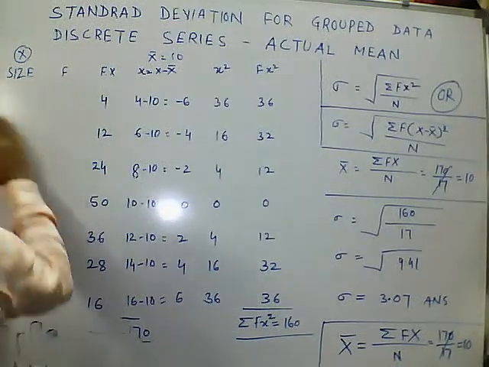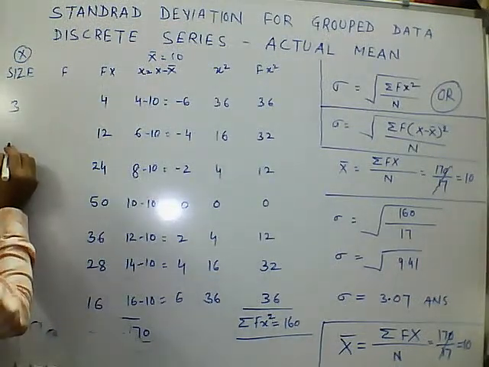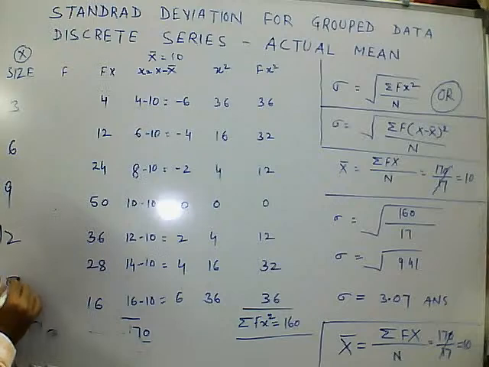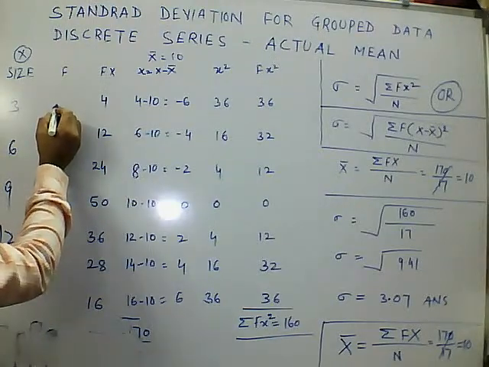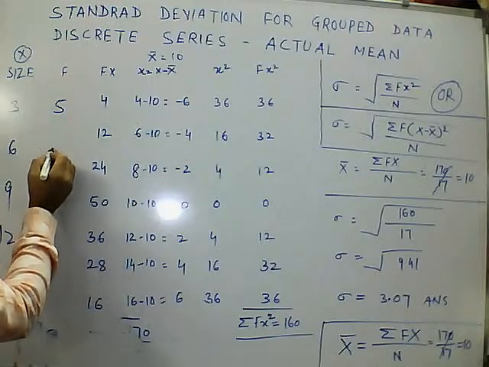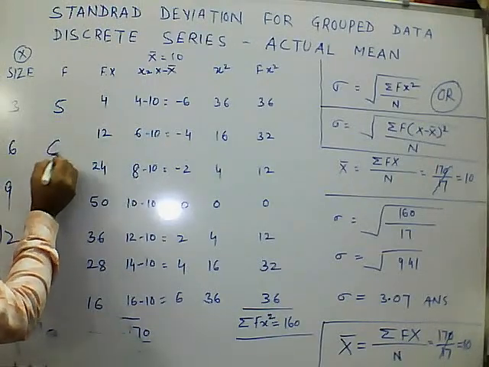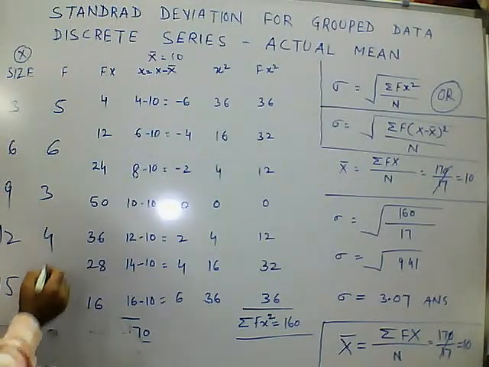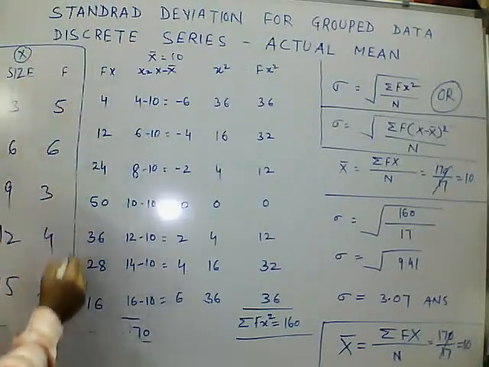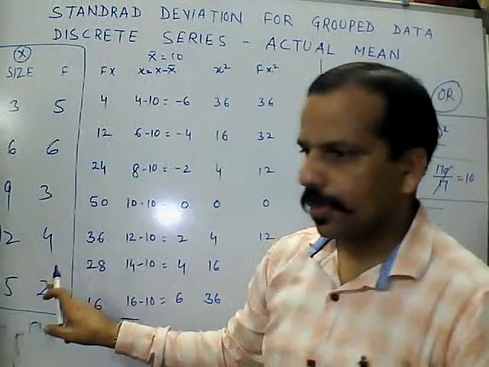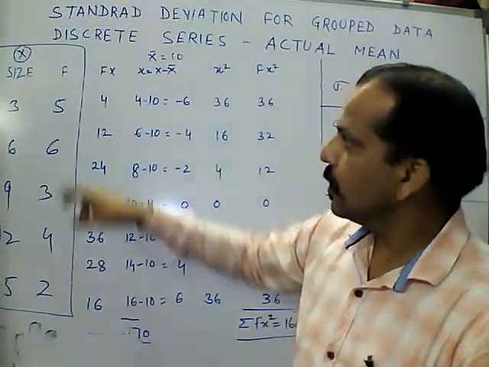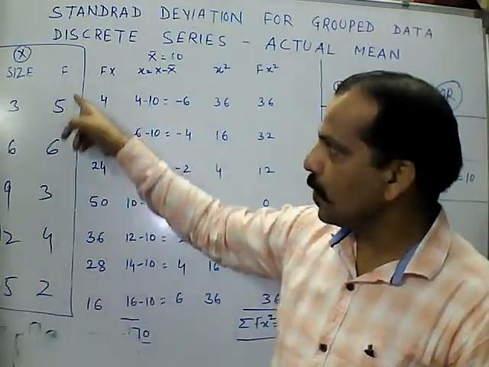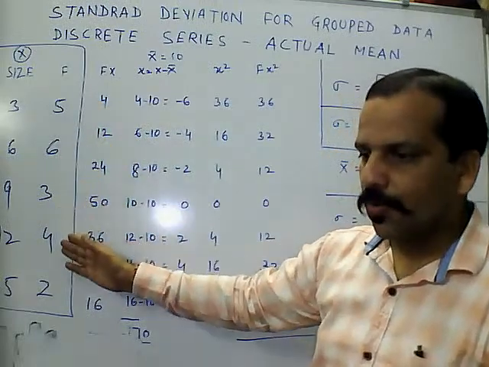Size 3, 6, 9, 12, 15. Frequencies 5, 6, 3, 4, 2. Solve the given question. Size 3, 6, 9, 12, 15, and frequencies 5, 6, 3, 4, 2.